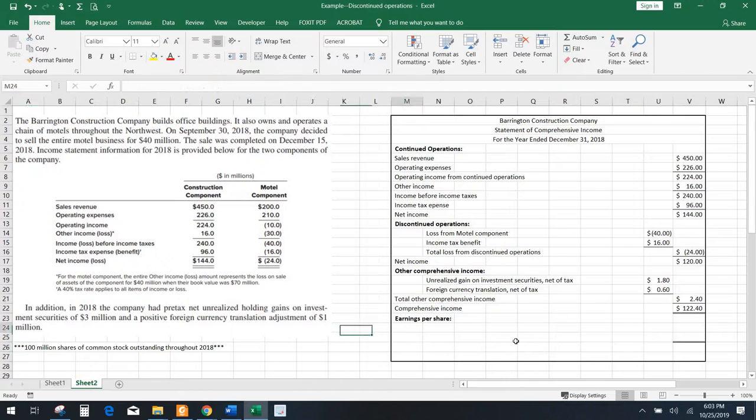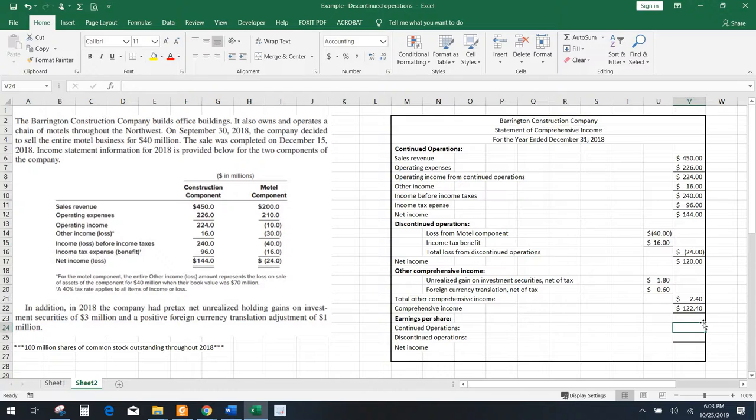So that is continued operations, discontinued operations, and then finally net income is the bottom line for any income statement.